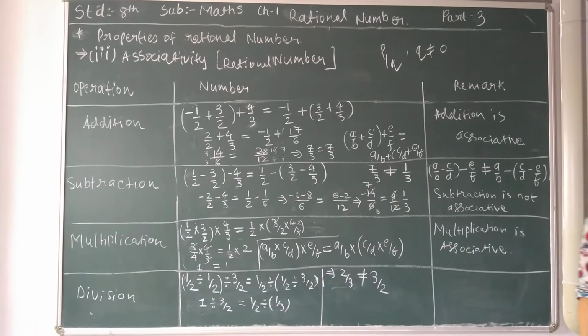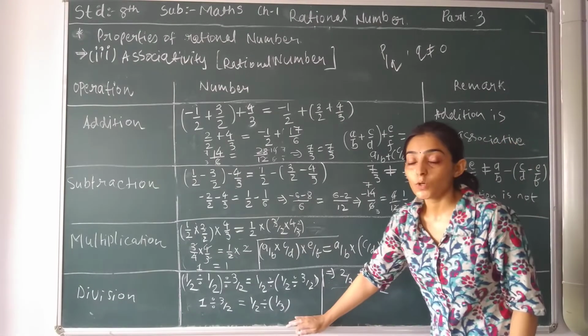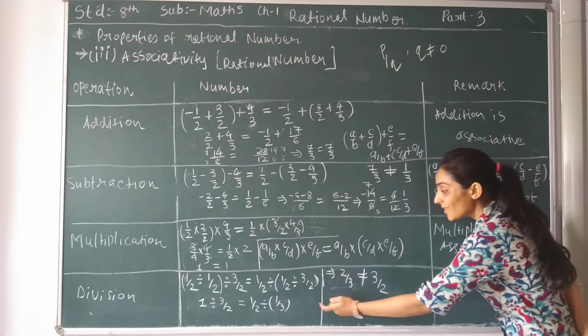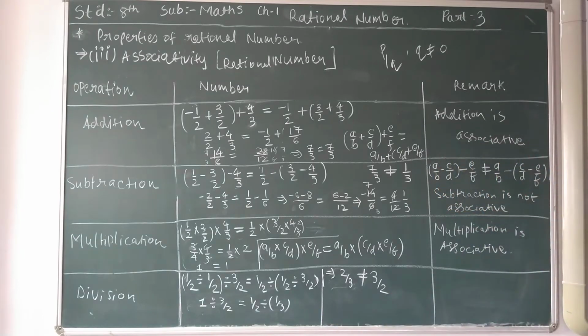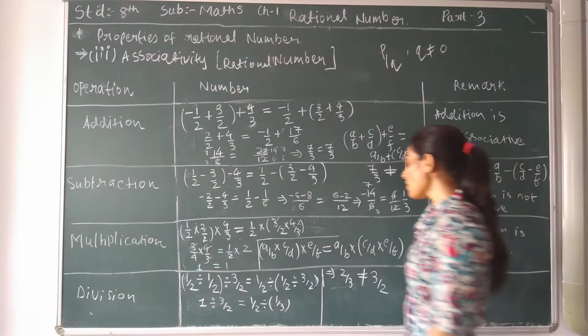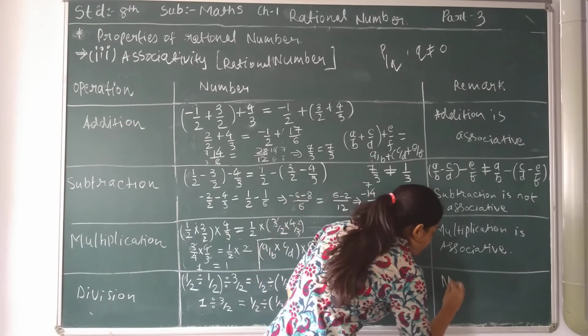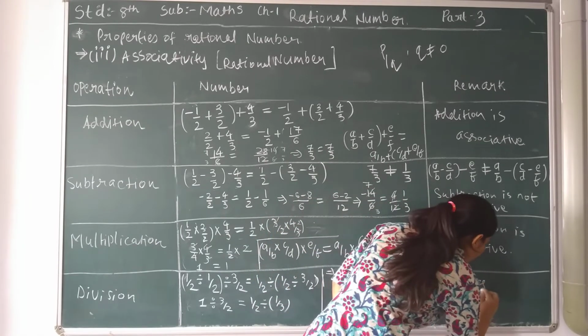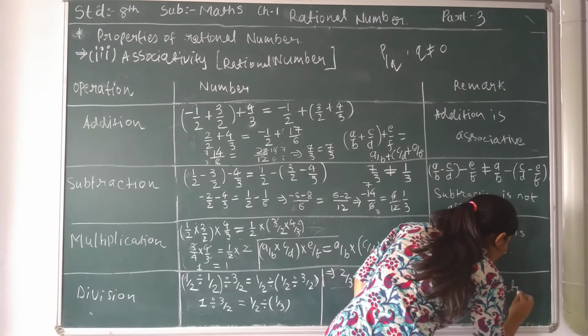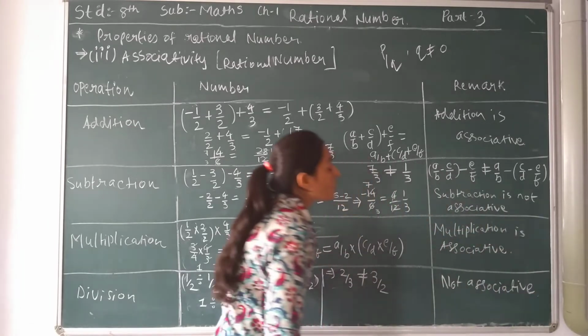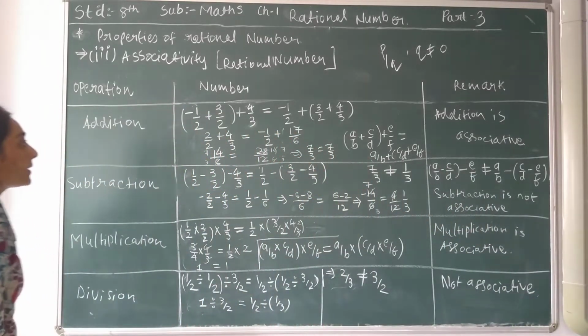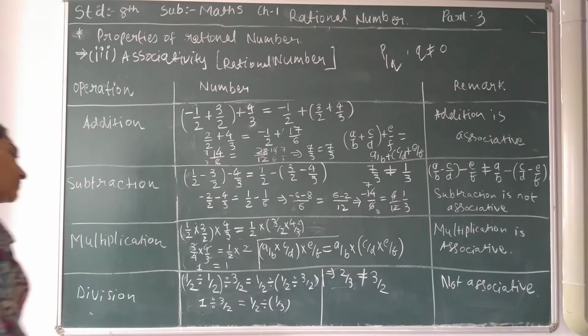You have to solve. You know how to solve all these questions. You know how to solve the fractions. So it's not equal. So not associative. So division does not hold the associativity property under rational numbers.